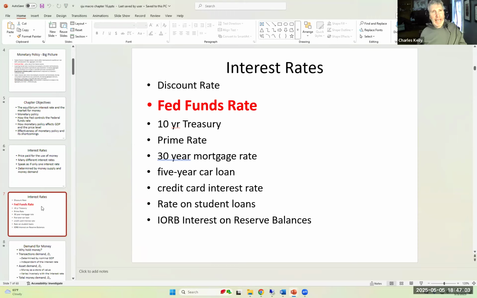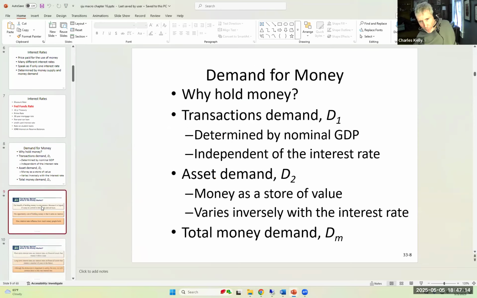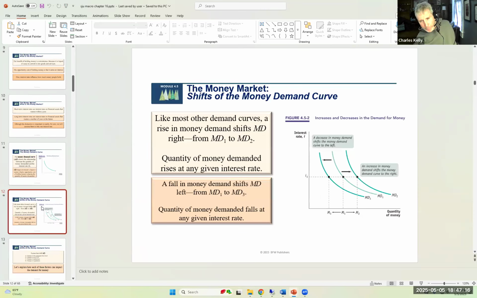If the Fed wants to increase interest rates to slow economic activity, the Fed will increase the interest they pay on reserve balances.